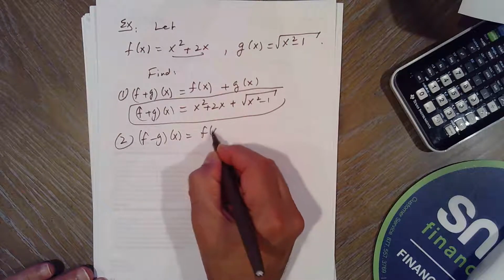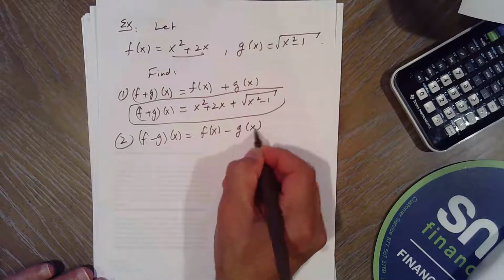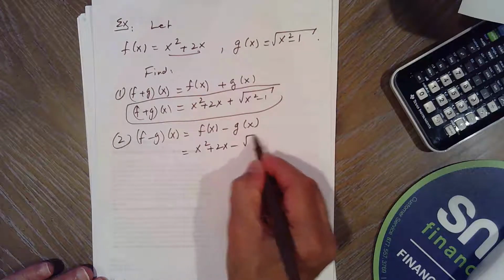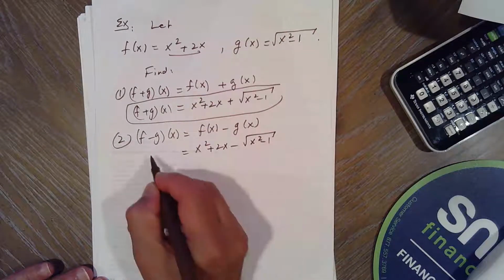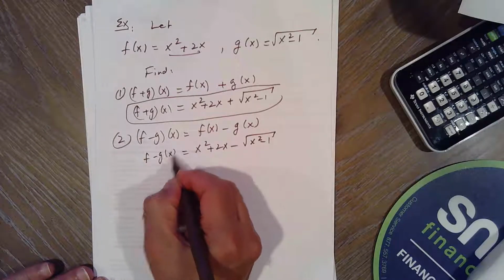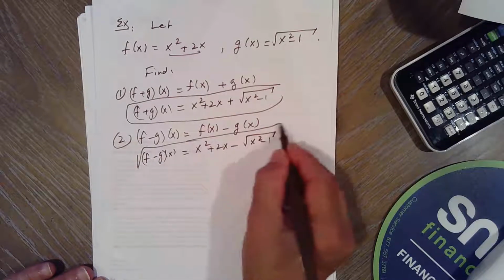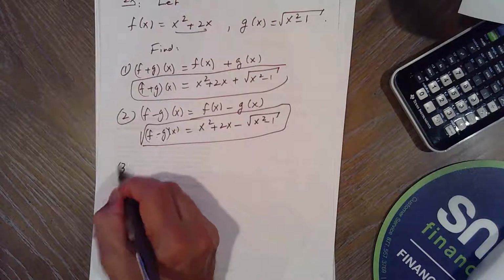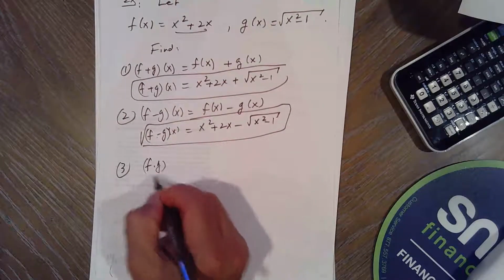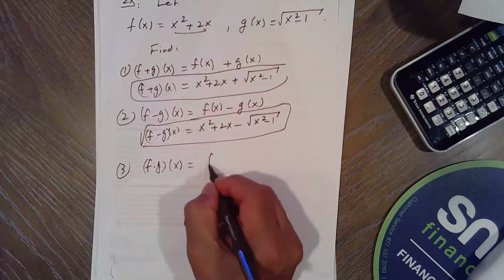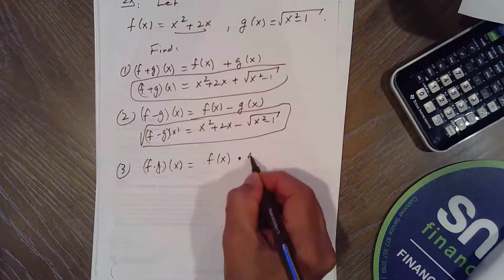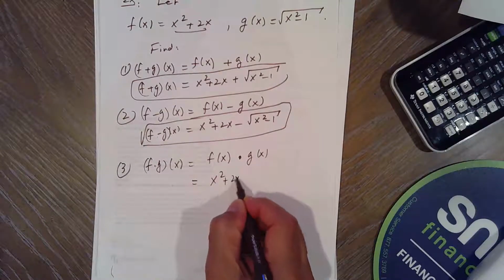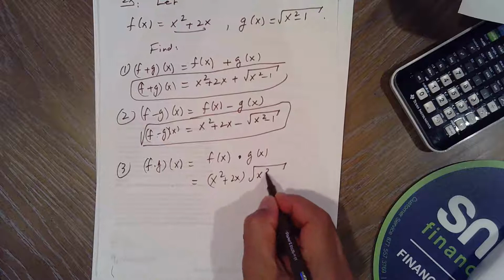Okay, f minus g of x. Again, by definition, it's f of x minus g of x, which is x squared plus 2x minus square root of x squared minus 1. Again, we got an equation for f minus g. f times g of x is f of x times g of x: x squared plus 2x times square root of x squared minus 1.